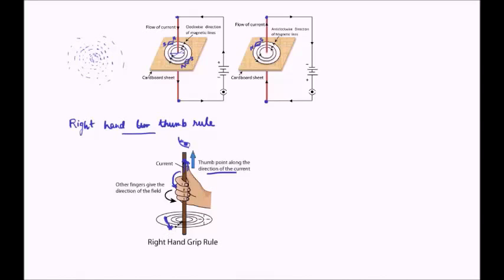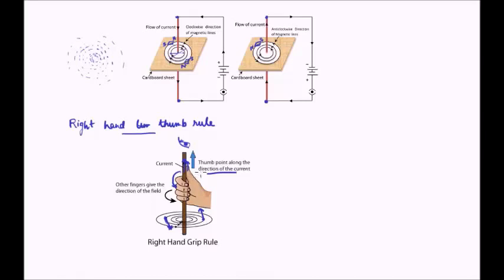Whereas if we consider this point, the curling will take it in this direction, so now the direction of the magnetic field will be in this direction. So this simple right hand thumb rule easily gives you the direction of the magnetic field produced due to a current carrying wire.